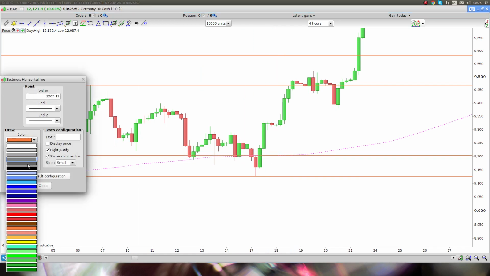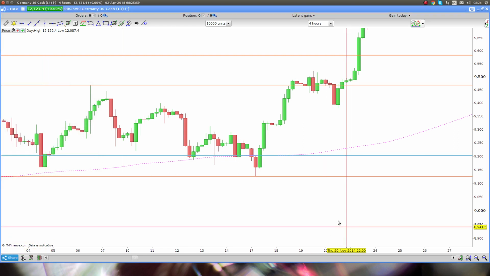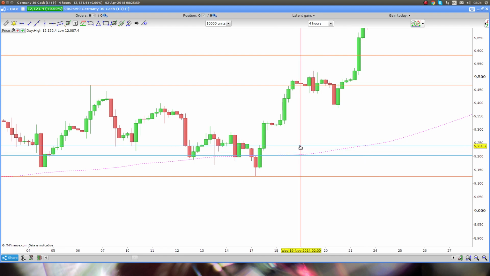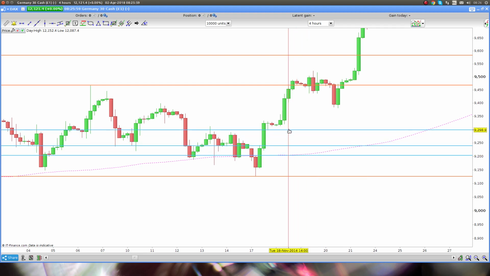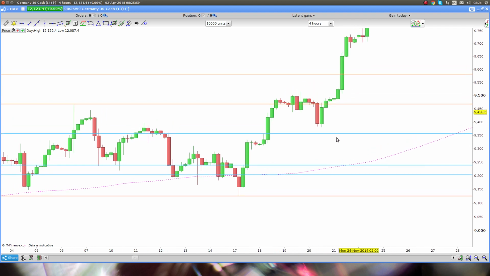And I'll just change that to, I normally use a blue to indicate a gap. So there's a gap. Copy that. There's another one. Copy that. And there's one that's open as well. So I'm going to keep it like that for now because I don't want to busy the charts too much.